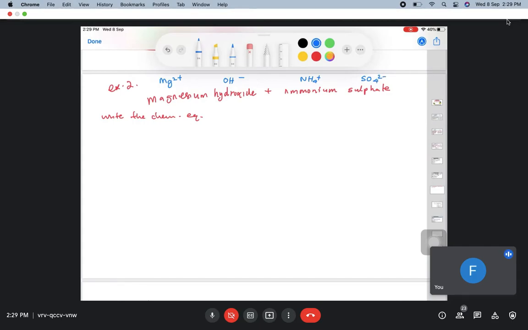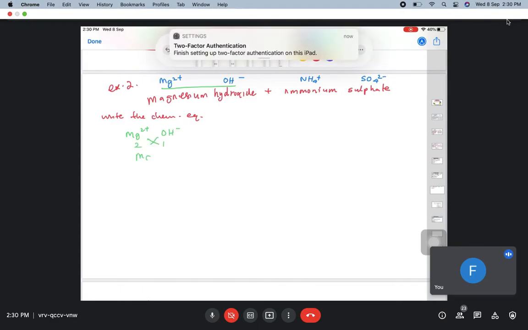Now, find out the formula for the reactants. So, the reactants are these. Mg2+ and OH-, crisscross 2 and 1, gives Mg(OH)2.